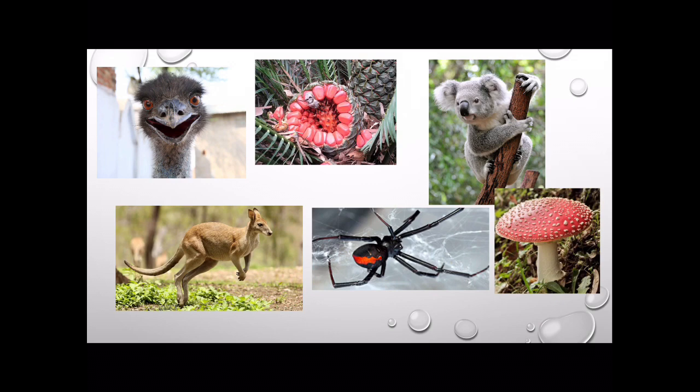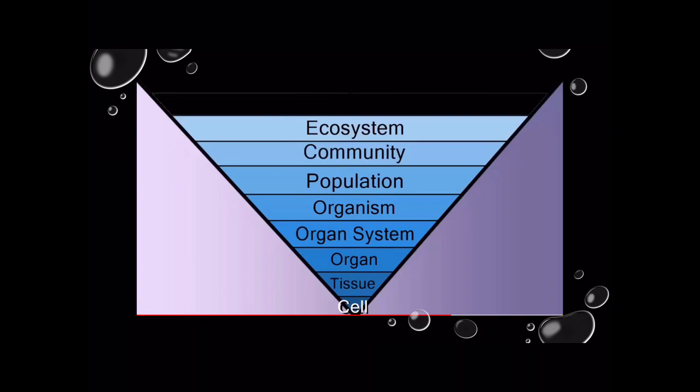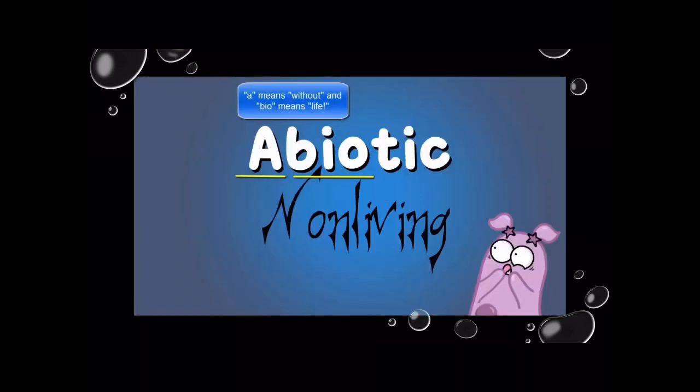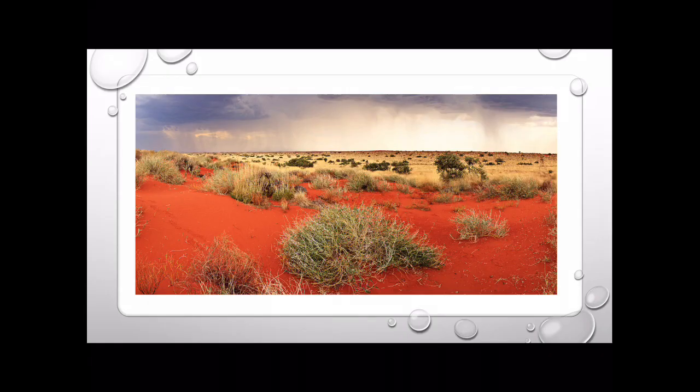Now, what happens when you bring in things that aren't living into the community? That's when you start forming the ecosystem. The ecosystem has biotic, and now we've got a new word, abiotic factors, or non-living, inside that system. So let's take a look at my Australian ecosystem.